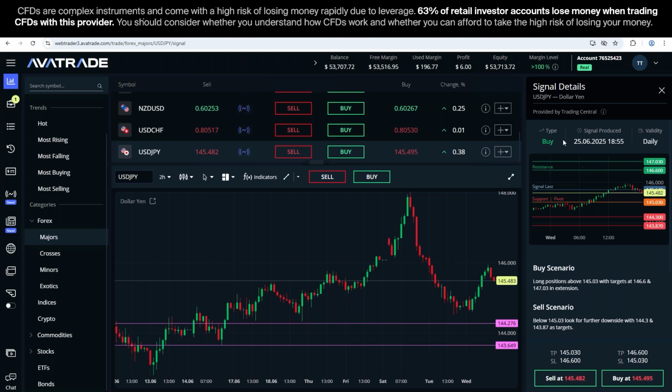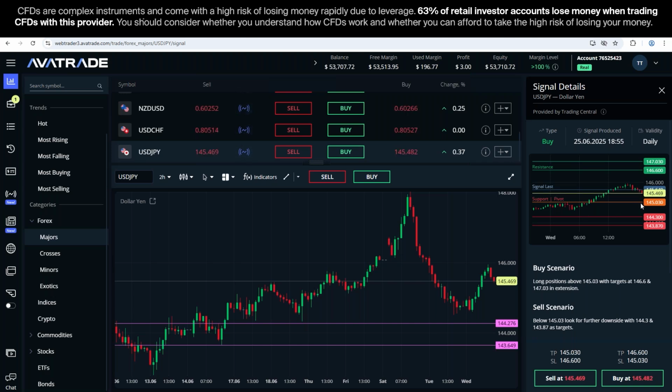And so number one, Trading Central believes that the signal is a buy on USD JPY, that maybe the yen would be weakening, maybe because of less fear about war, and that the USD should be strengthening against it. Maybe also something to do with the lack of rate cuts out of the US. Okay, so whatever the case may be, we do have a technical signal for a buy here.